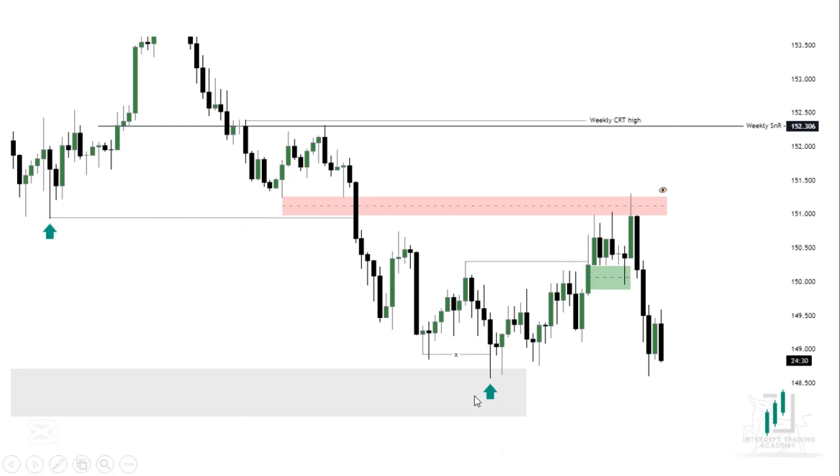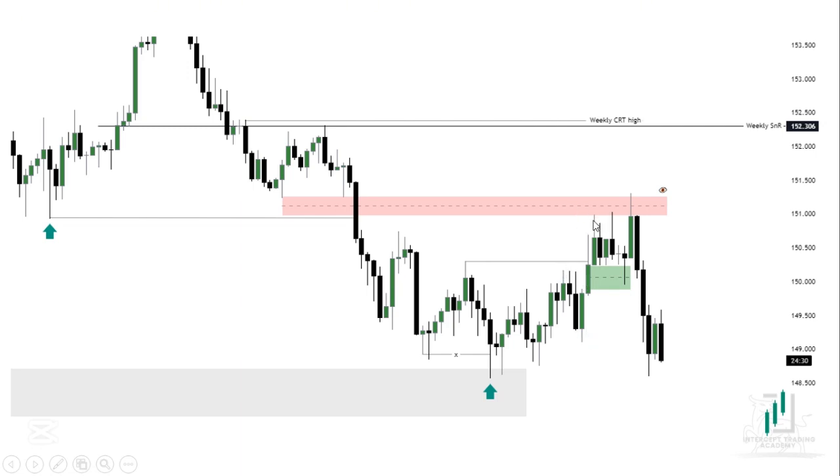On the 4-hour chart, I paid attention to our weekly range, which was from this low to this high and this newly created low, which reacted off of the weekly rejection block. So as you can see, from this low to this newly created low and this high, the market took out external range liquidity. So my focus quickly shifted to our current trading range, which was from this low to this high.